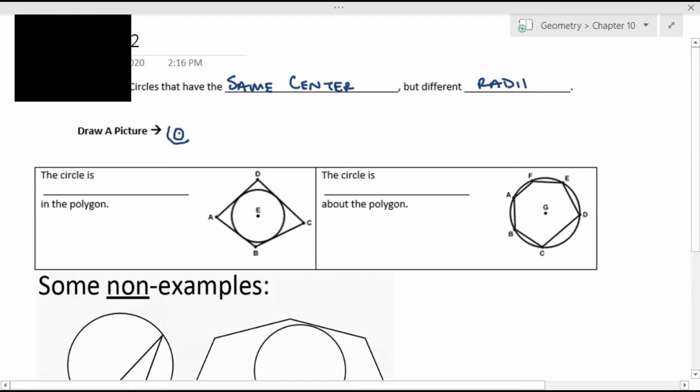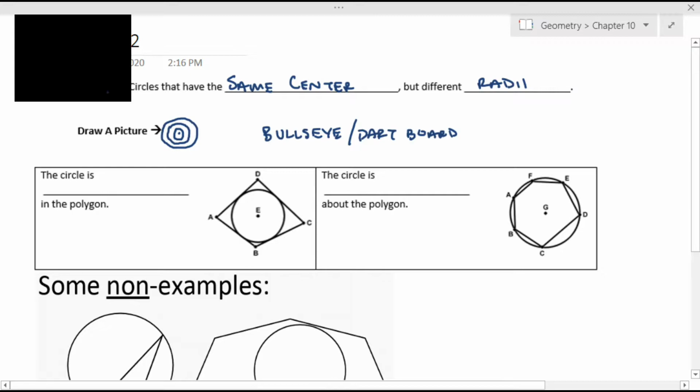This one has half a centimeter radius. This one has 3/4 of a centimeter radius. They all have the same center, but different size circles. These are concentric circles. So it's a bullseye or a dartboard. So just another vocabulary, concentric circles.